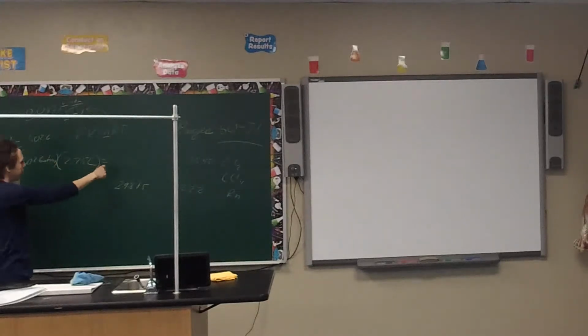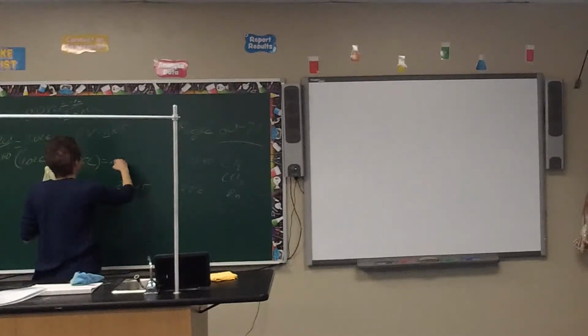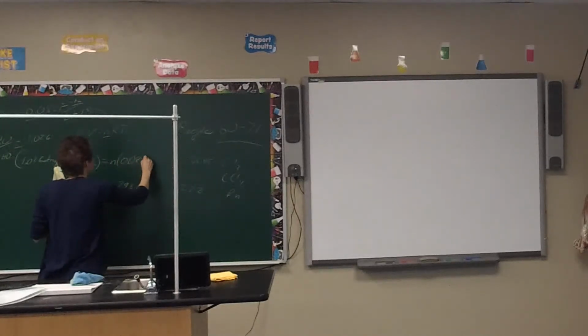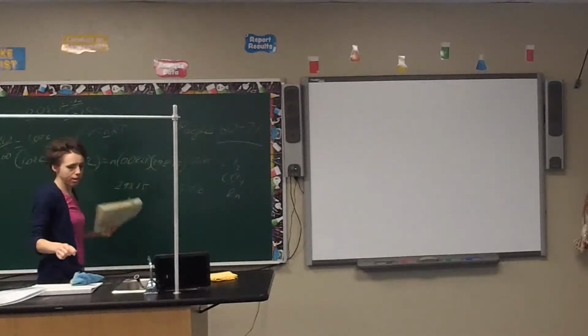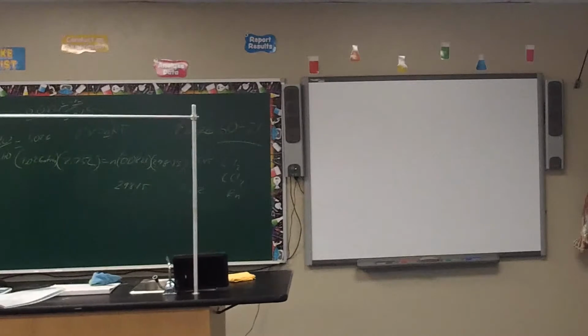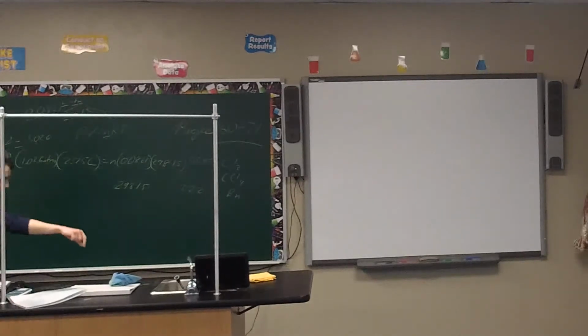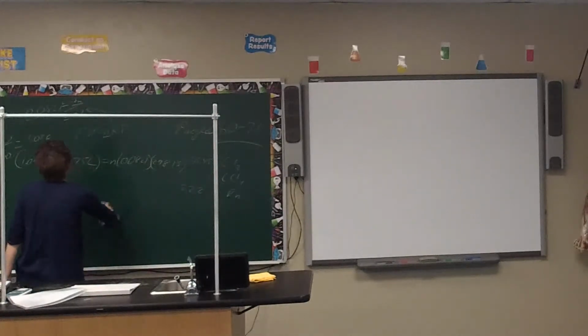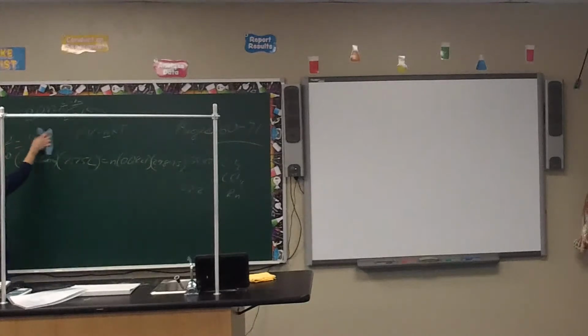Now I'm going to put it all in the proper spot. Instead of copying down the units, I'm just going to leave it as 0.0821. Temperature, 298.15. So those are all of my values, but I have to get n by itself.